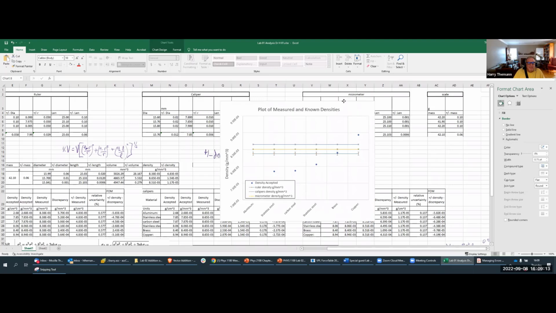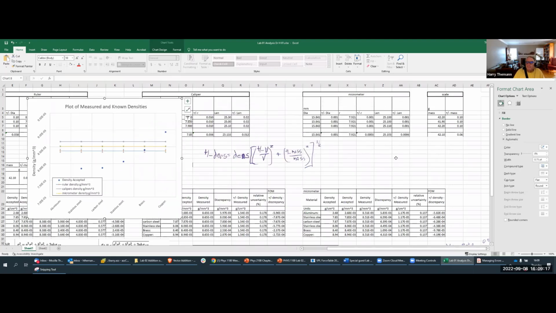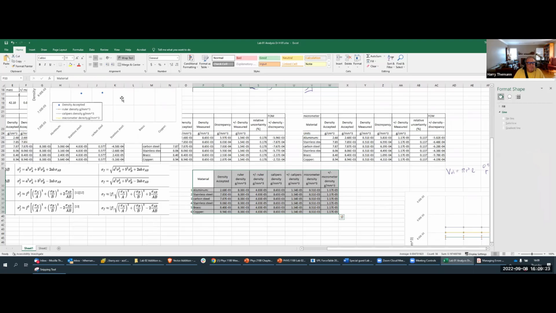So we need to get into the mechanics of how I created this. What I did is I made yet another table. And this part was pretty easy because I simply, well, be careful, I need it in grams per millimeter cubed.